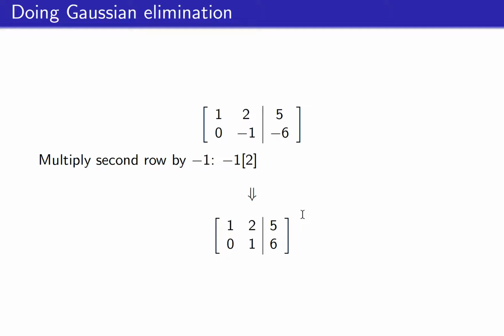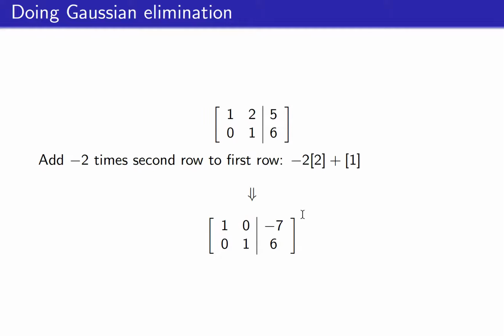And now we are going to do one more row operation. We're going to add -2 times the second row to the first row. When I do this, -2 times 0 is 0, added to 1 is 1, so that stays 1. -2 times 1 is -2, added to 2 is 0. -2 times 6 is -12, added to 5 is -7.